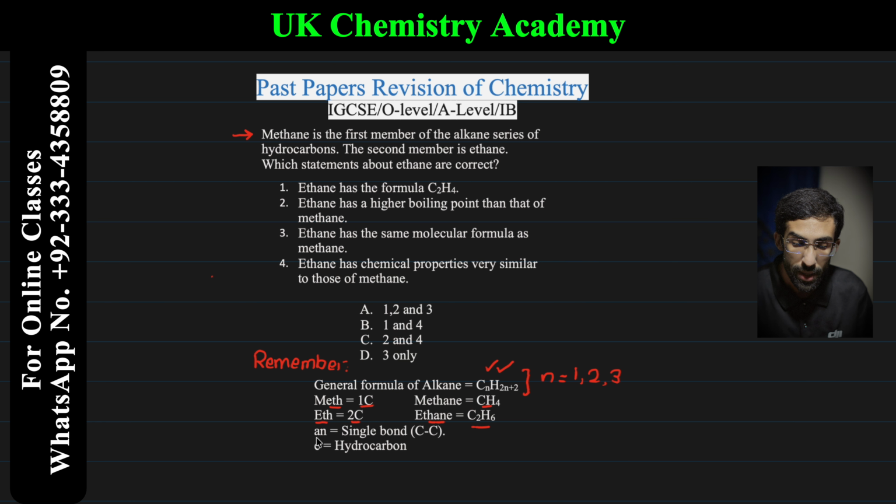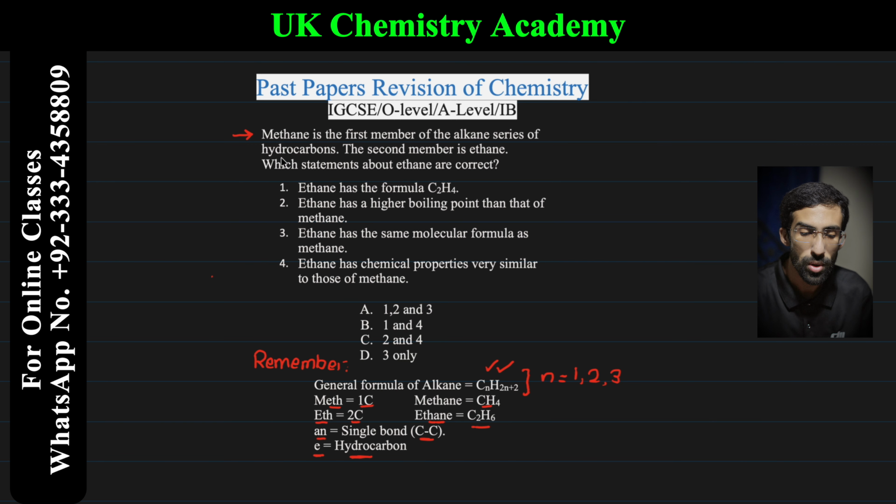The "ane" in methane and ethane represents that this compound consists of carbon-carbon single bonds, and the "e" represents that this compound is a hydrocarbon, which means that it consists of only carbon and hydrogen.